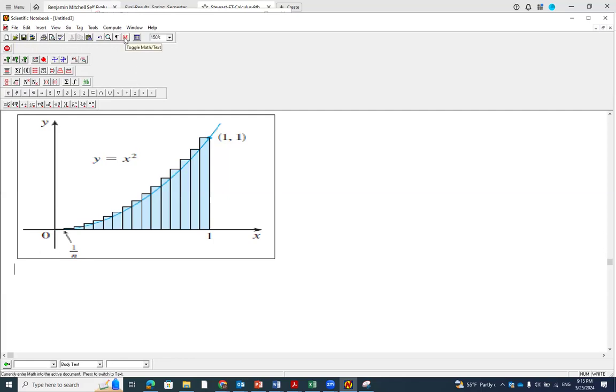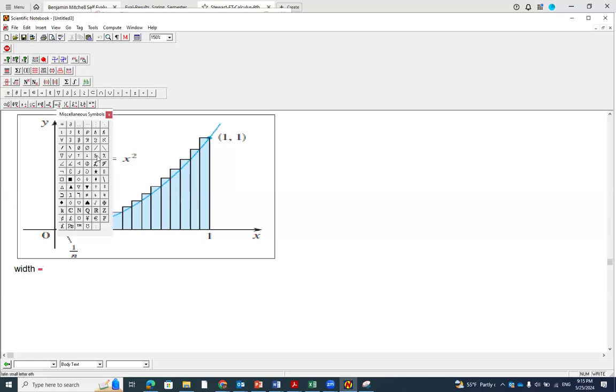So the width of each subinterval, we're going to give it a special name, and we call it delta x. I'm going to introduce this notation to you. It's called delta x. What is delta x equal to?